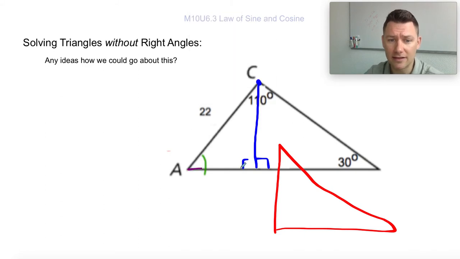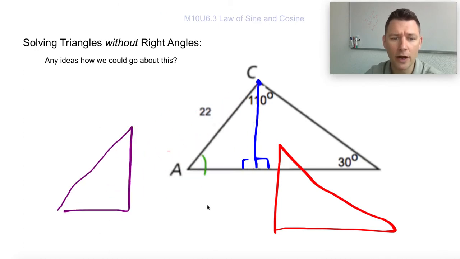And same thing over here. Now we've got two right triangles, and we can do battle, right? So that's all that law of sine and cosine are about.